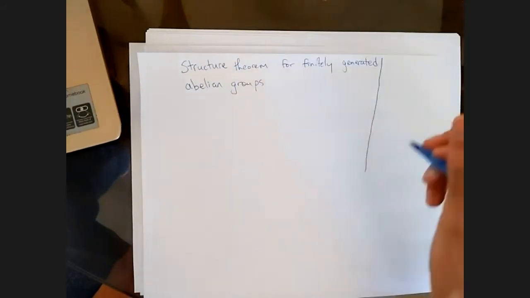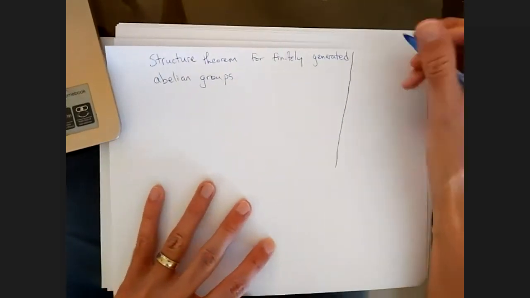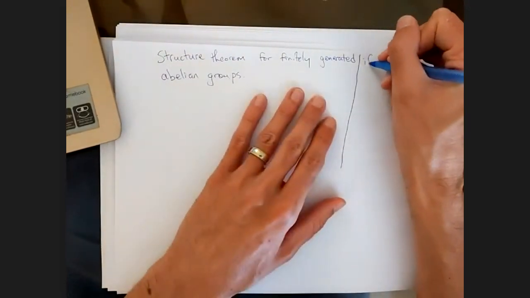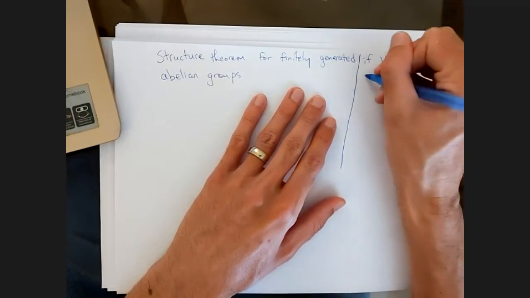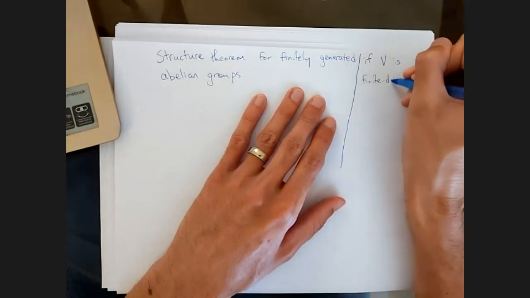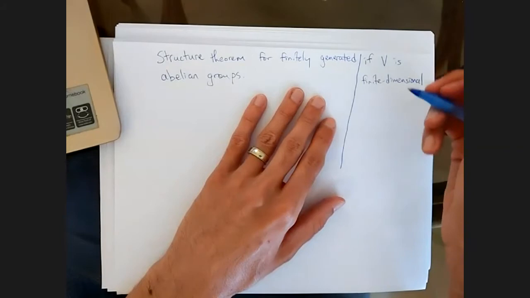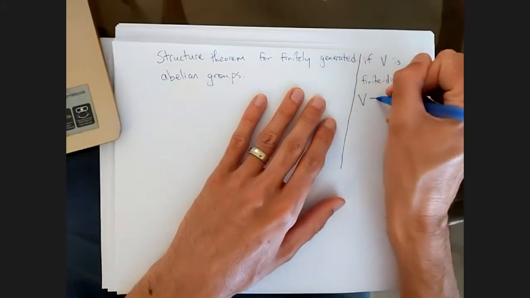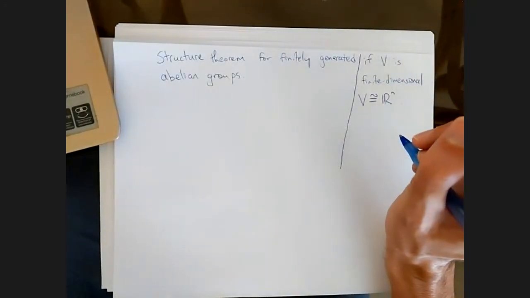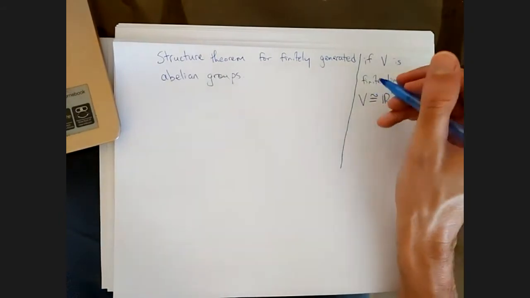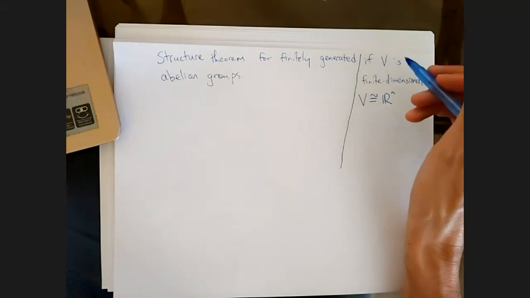To think about this in linear algebra terms, a theorem of linear algebra says that if V is finite dimensional and V is a vector space over the real numbers, then V looks like R^n. Or in other words, every finite dimensional vector space has a basis.